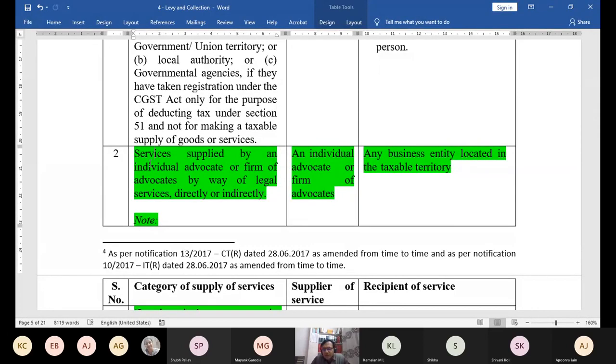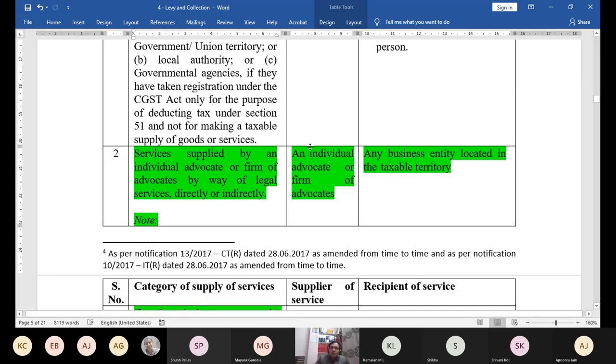They have their own reputation, and so many professional advocates are working under a firm. Some people come together and have a partnership firm. Just like in our commerce, we have the Big Four, PwC, etc., where chartered accountants are the partners. Similarly, in legal also, we have renowned legal advisory firms.